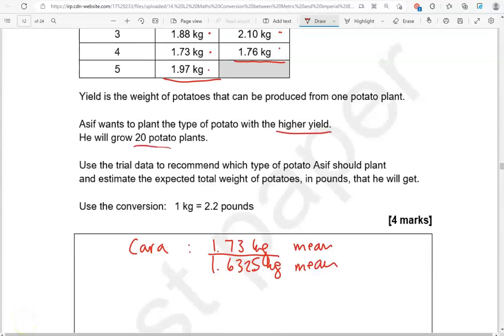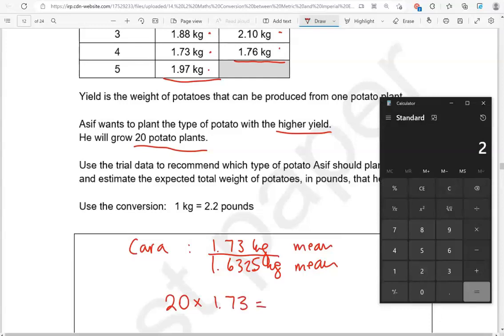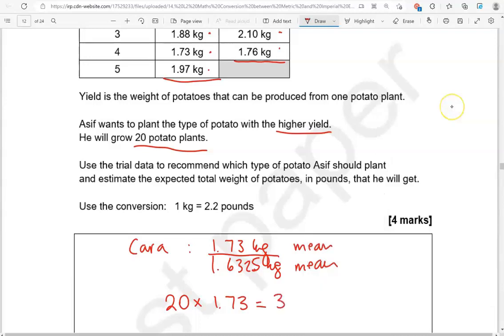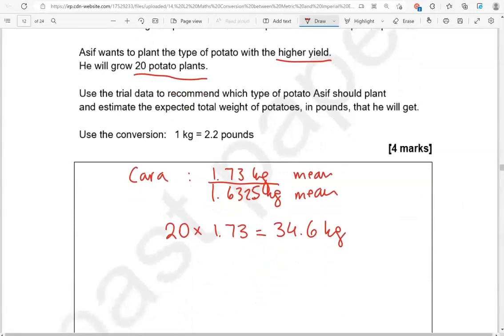So he will grow 20 potato plants, so what we're going to do is 20 times 1.73, which is 34.6. That is in kilograms, and we need to give the answer in pounds.